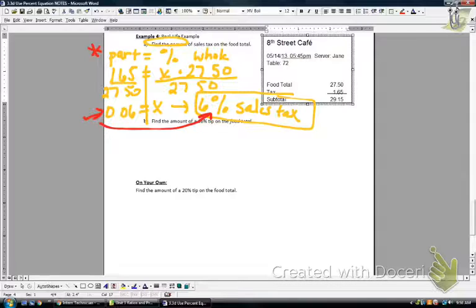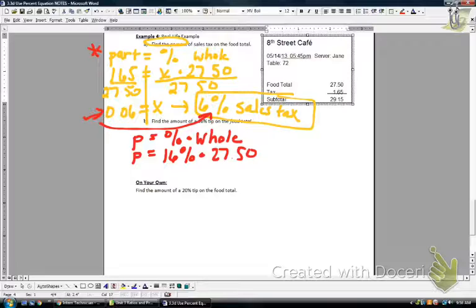It says find the amount of a 16% tip on the food total. Okay, so again, I'm going to start with my equation, and I have part equals percent times whole. Part is what I'm trying to find, and I want to leave a 16% tip on the food total. So that's the 27.50.